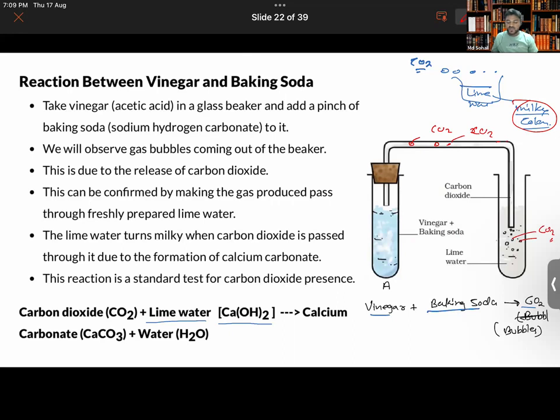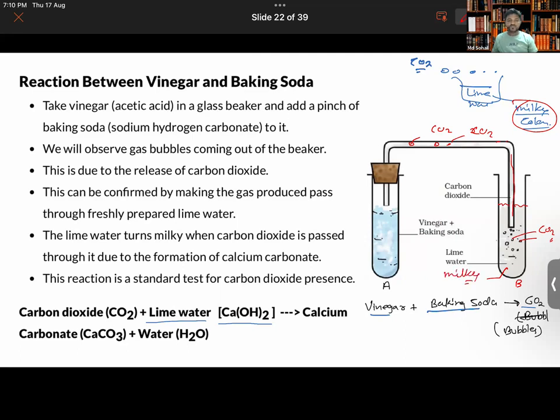Test tube B already has lime water in it, up to this mark. Via this hollow tube, the carbon dioxide gas is coming into test tube B, and the color of the lime water will start turning milky.